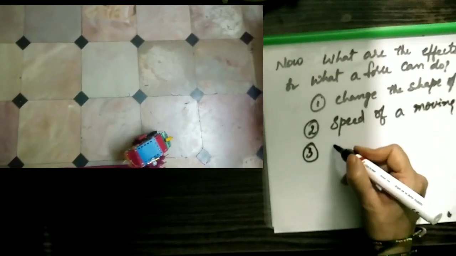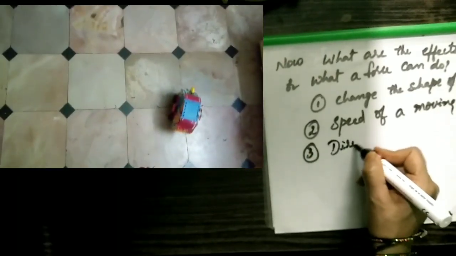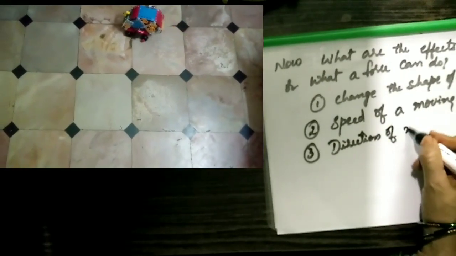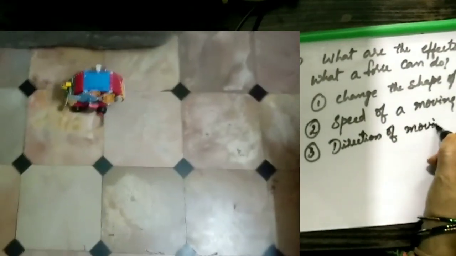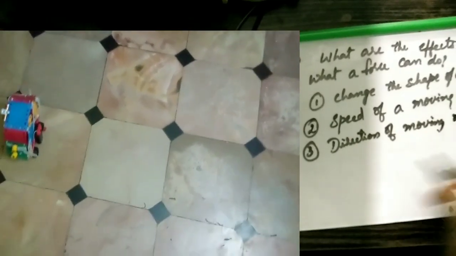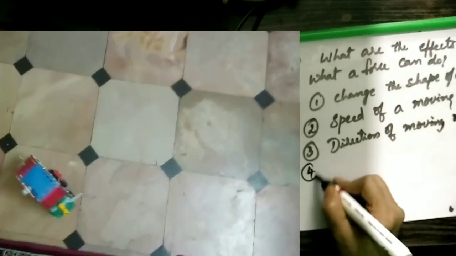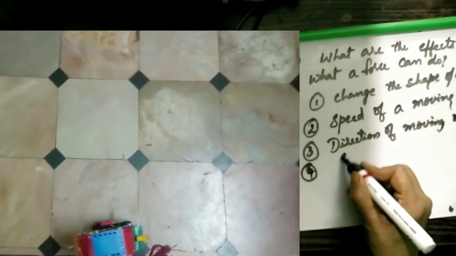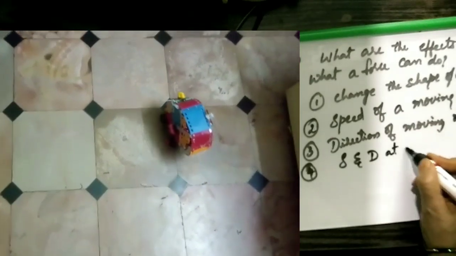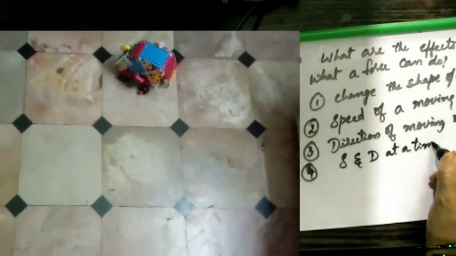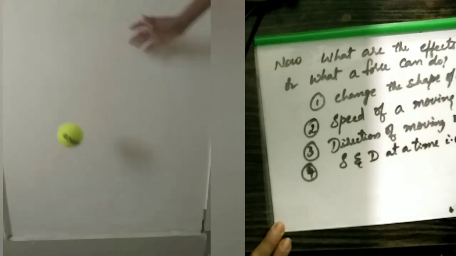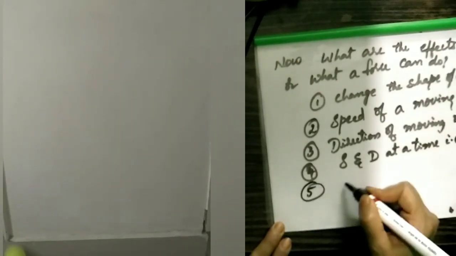3. Direction of a moving object. 4. Speed and direction at a time, that is both. 5.